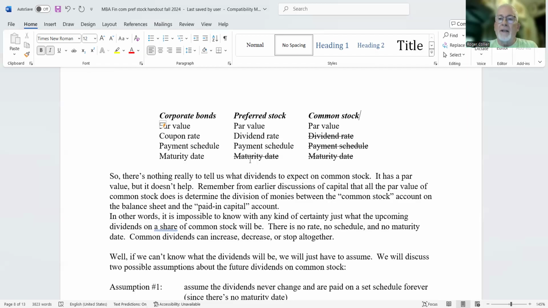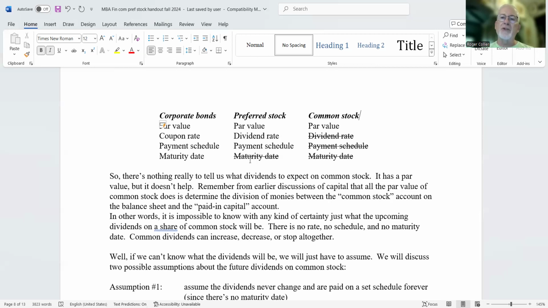Well, with common stock, it's impossible to know them. So we're going to assume, and we're going to make two assumptions. Happily, both of these assumptions refer back to Learning Module 4.